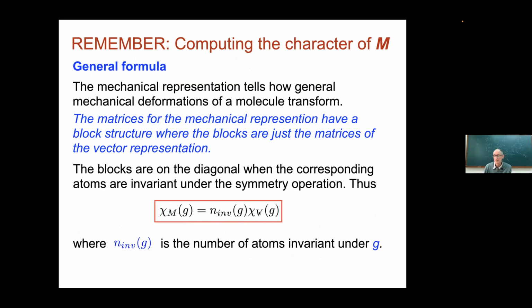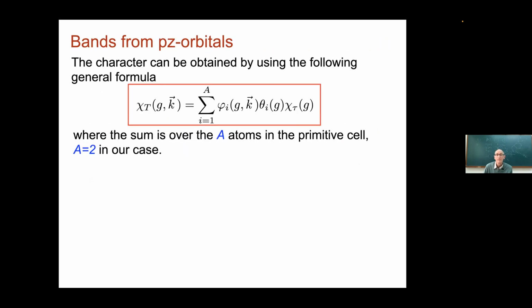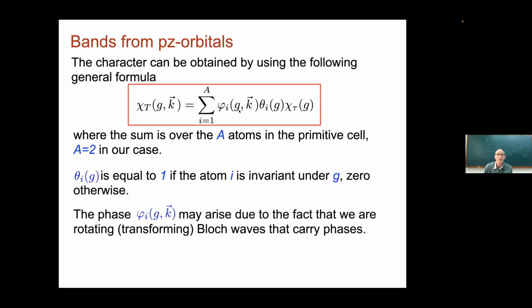Now, in the case of electrons, the orbitals that I place at each atom transform according to their irreducible representation, in this case A1. And in this case, there were no phases. So I just had to multiply this, which was the same for all the atoms, by the number of atoms on the diagonal. In fact, that's what happens here if the phases are trivial. When the phases are trivial, the sum over atoms with this function, which is 1 only for invariant atoms, is the same as multiplying by the number of invariant atoms.